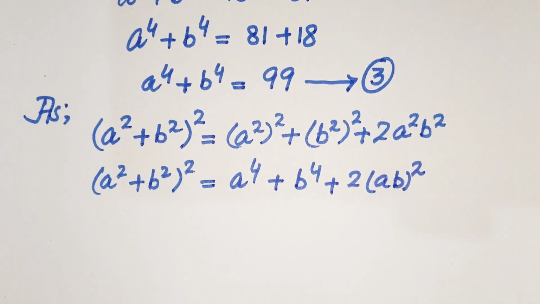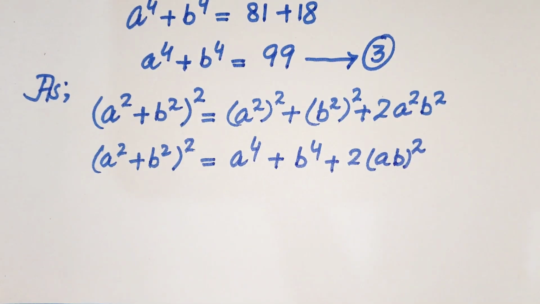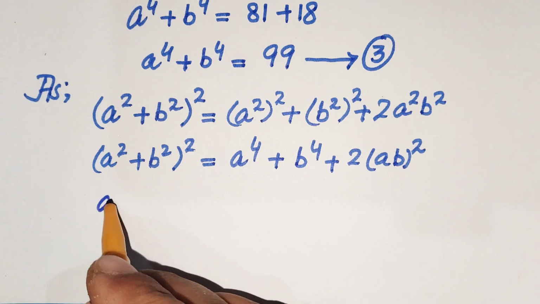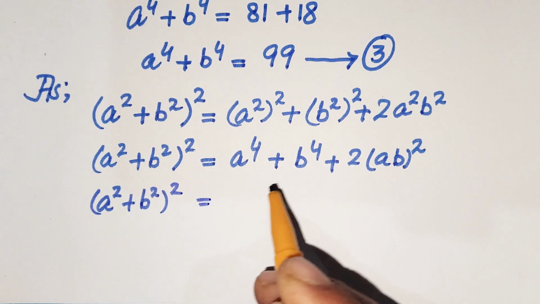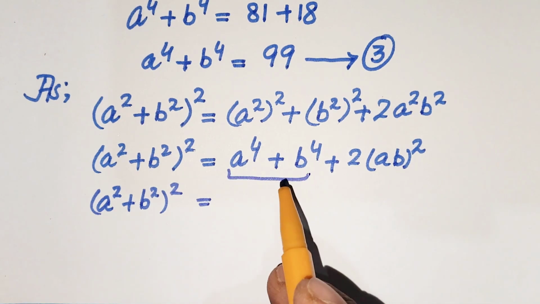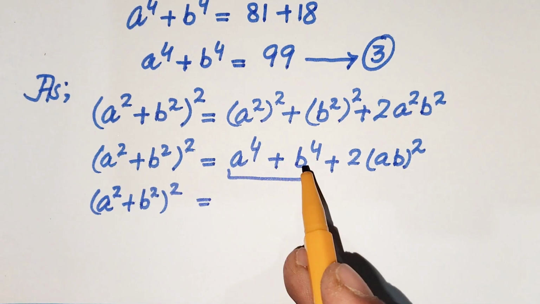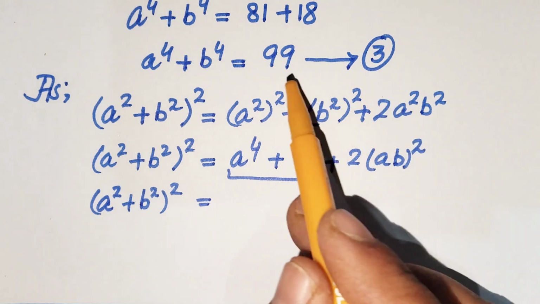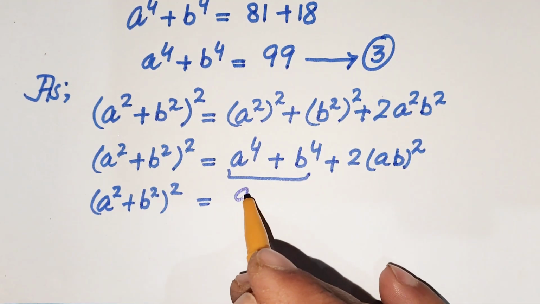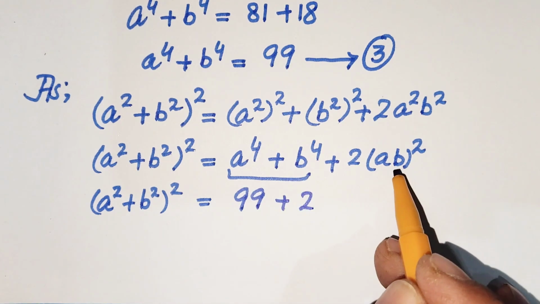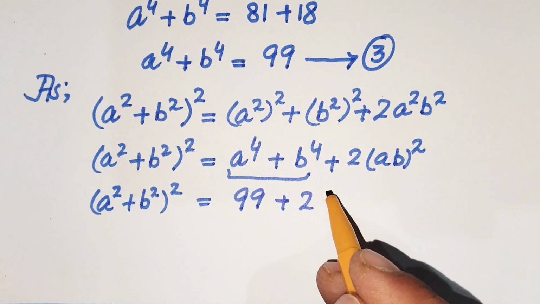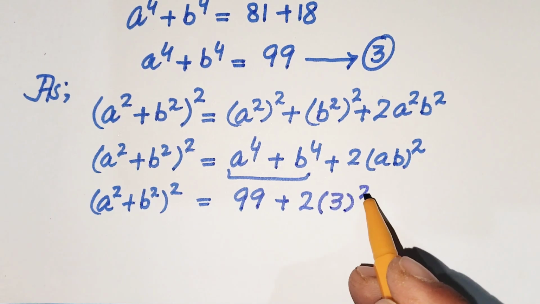Now this a squared plus b squared whole squared is equal to a raised to the power 4 plus b raised to the power 4, and from equation 3 we know that its value is 99. So putting the value of a to the 4 plus b to the 4 here, and then plus 2 times ab, which from equation 2 is equal to 3, so 3 squared.